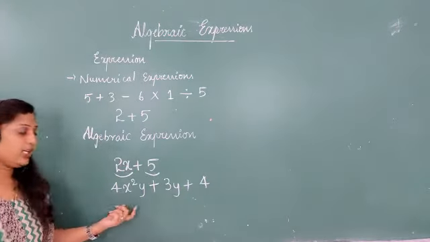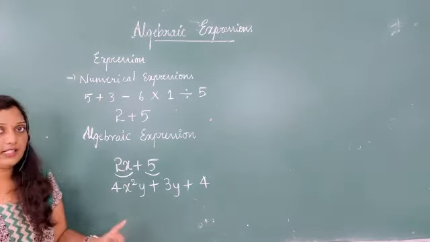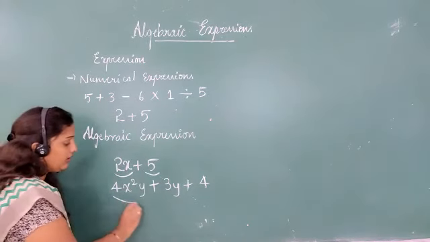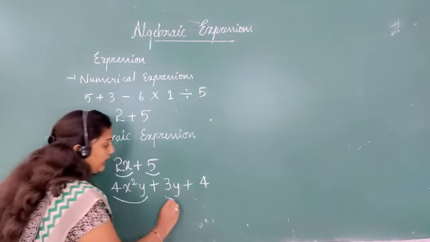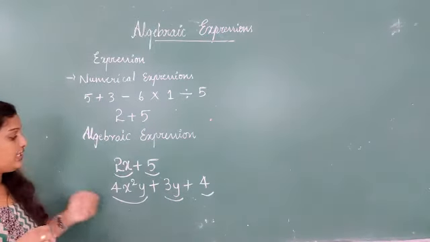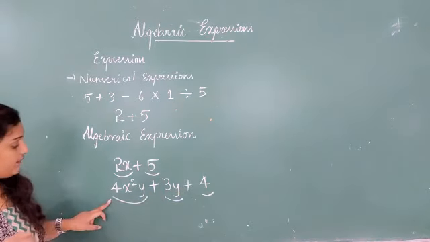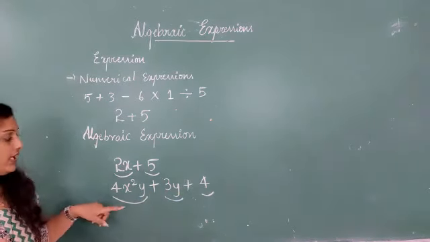This is an algebraic expression having three parts. Each part is called a term. So this is the first term, this is the second term and this is the third term. Each part is separated by addition or subtraction. And the first part is 4x square y.